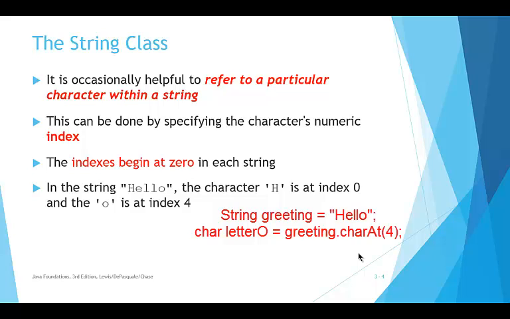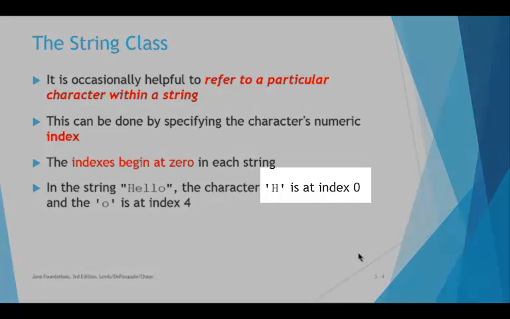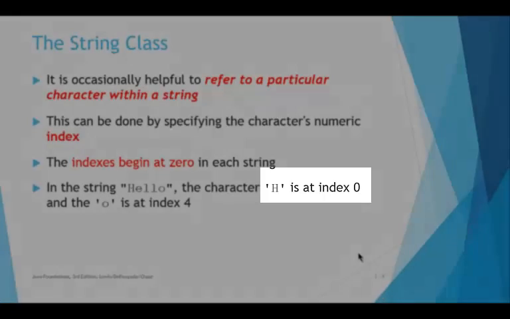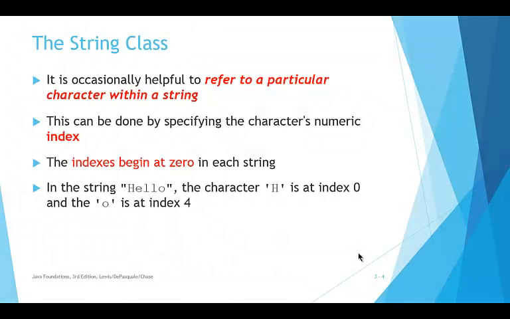So in the string hello, H-E-L-L-O, the first character H is actually stored in index 0, and the O is stored at index 4. The length of this string would be 5. So the character indexes range from 0 to the length minus 1.